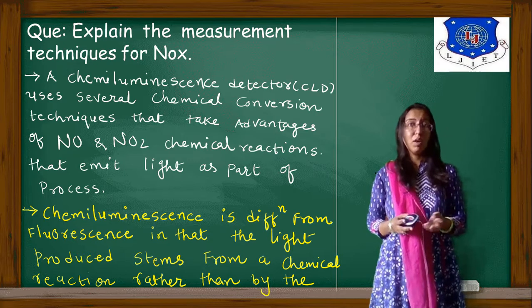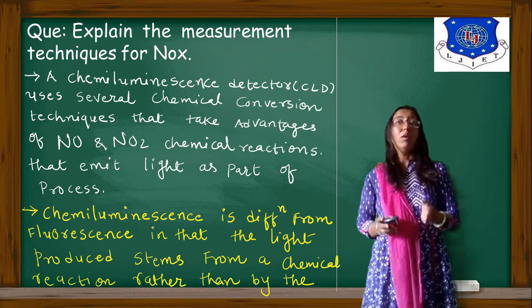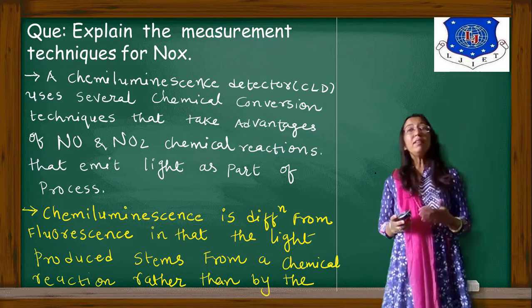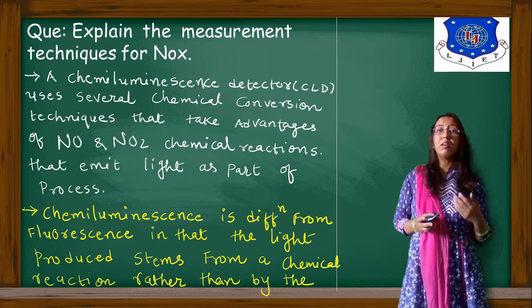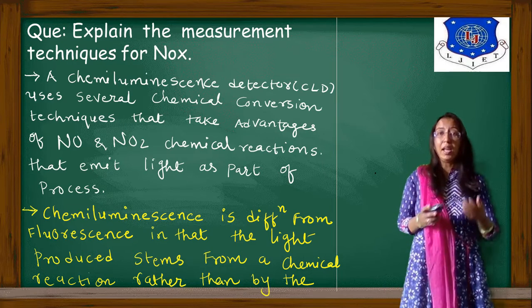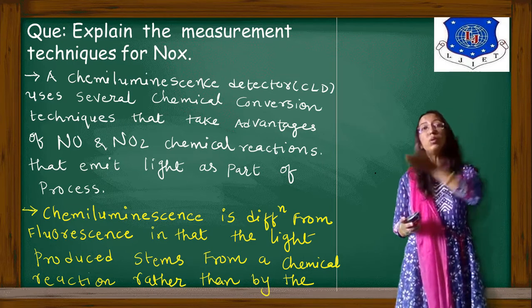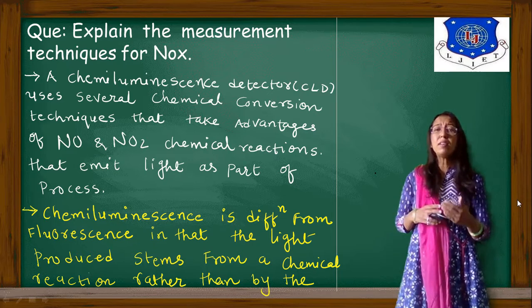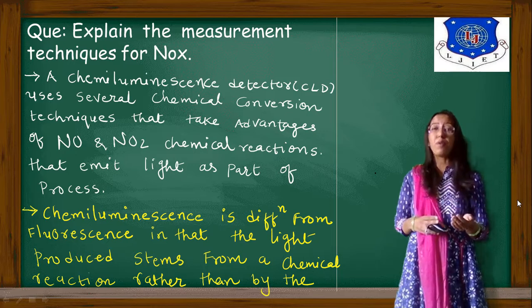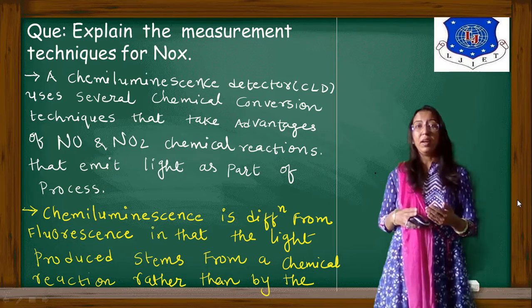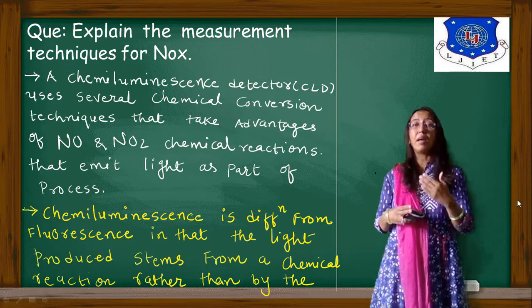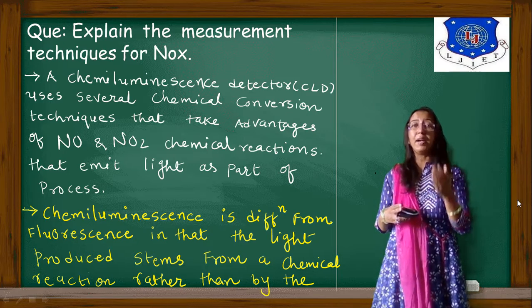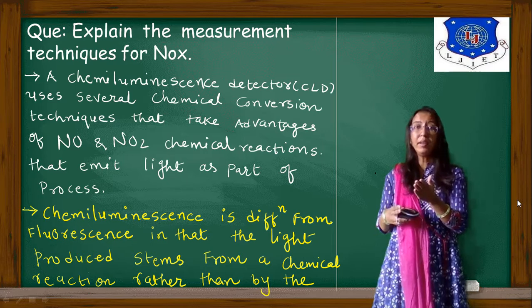Sometimes in an MCQ, a question can be asked: what is the full form of CLD? In this process we are converting NO to NO2. Chemiluminescence is different from fluorescence. Here we are using the chemiluminescence detector for measurement of nitrogen oxide.